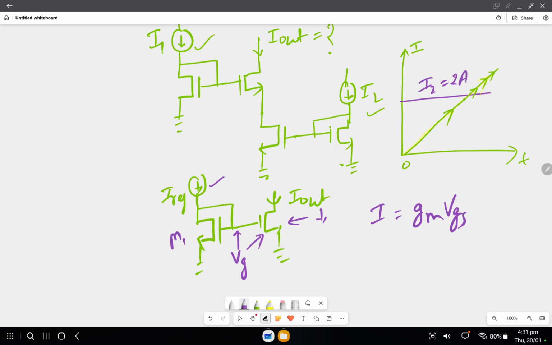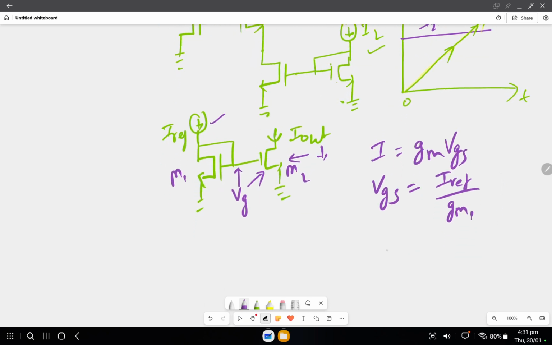So if this is M1 and this is M2, VGS is equal to IREF upon GM of 1, and I out is equal to GM of 2 into VGS, because VGS is same, so I out is equal to GM2 upon GM1 into IREF.